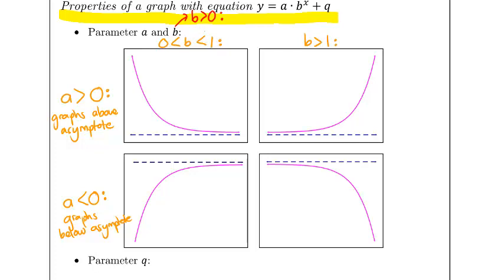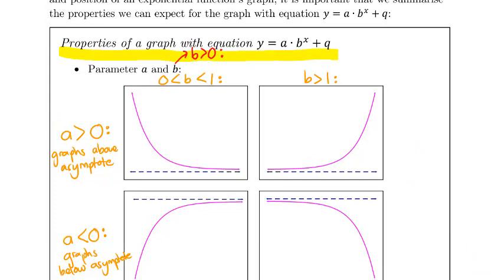And when we saw that we had b values that were between 0 and 1, what did we see, guys? We saw that the graph gets closer to the asymptote as x increases. So where shall we write this? Let's write it maybe a little bit up here like this. So for when b is like this, for these two graphs, we know that as x increases, the graph gets closer to the asymptote.